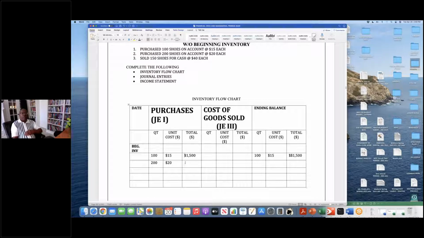That's going to be 4,000. I know everybody in here had shoes. A lot of people got shoes on, may even have house shoes on, so they ought to understand the product. We're going to copy it, and we're going to paste it right here. So every time we buy it, we put it in the ending balance.